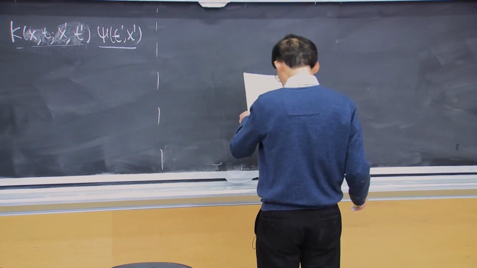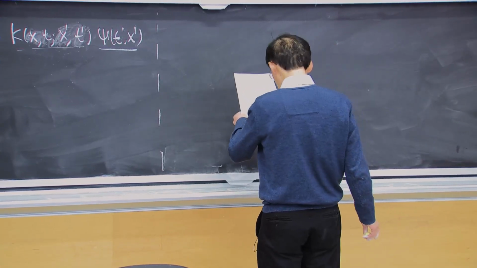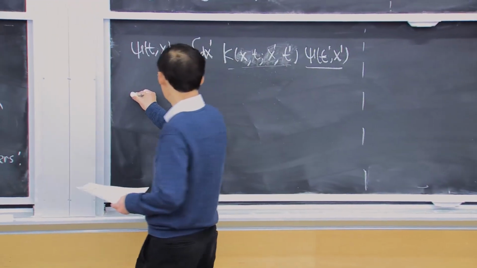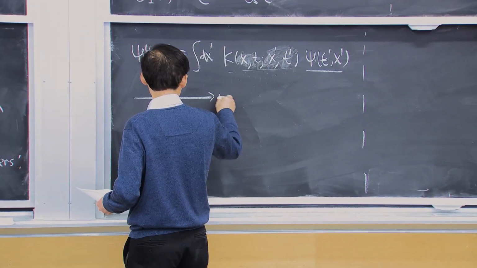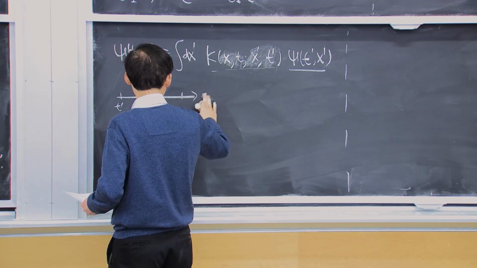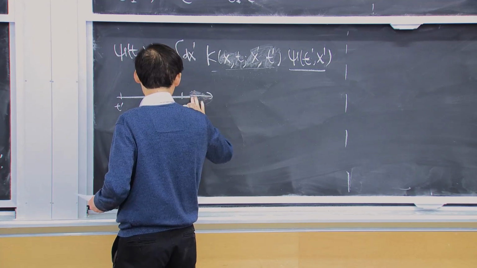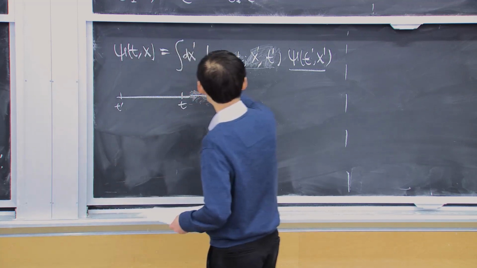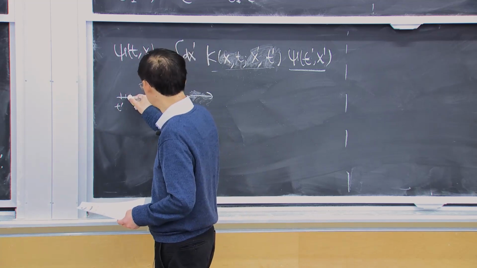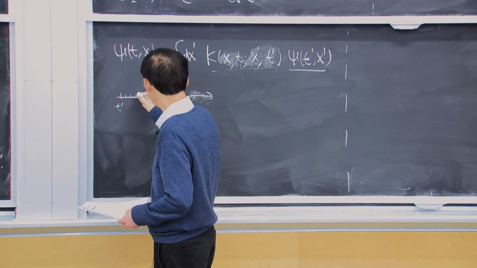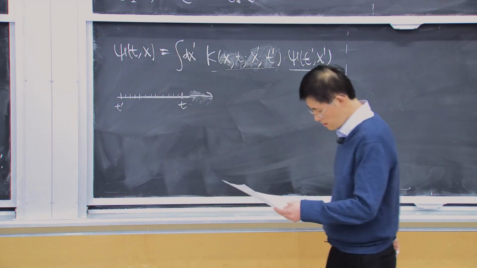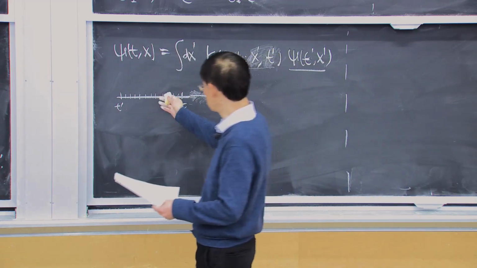Okay, so we will do this by using a trick. Imagine this is your time axis. We start with t prime, and end at t. What we will do is divide this interval into an infinite number of segments, and each segment is infinitesimal, of course.